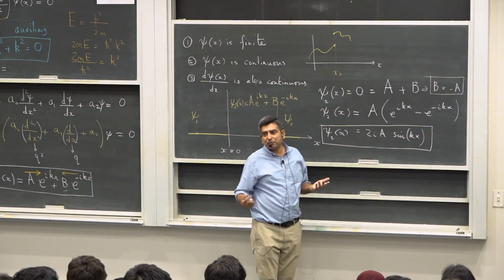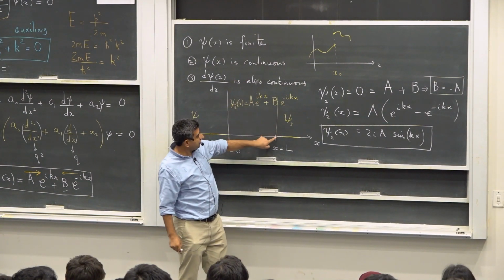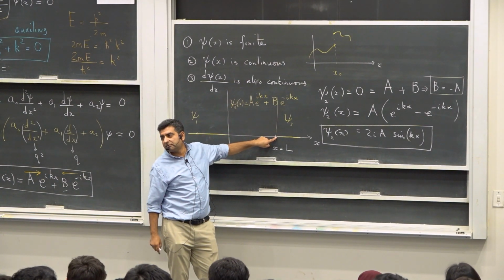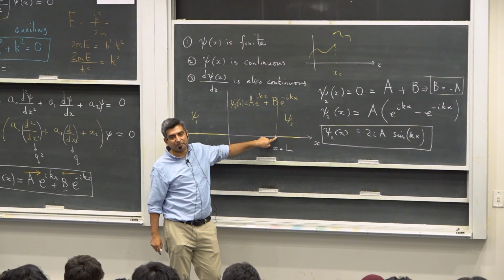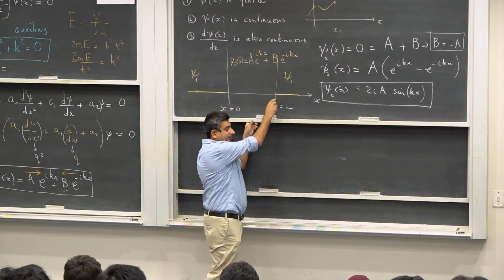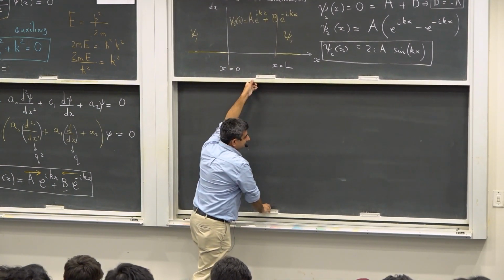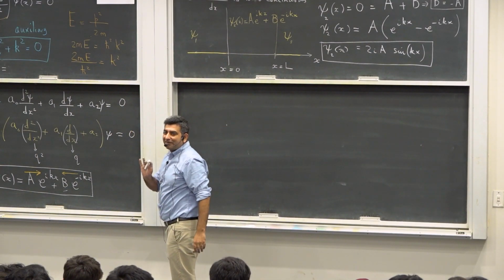So can we say that the derivative of psi 2 and psi 1 is the same at x equal to 0? That's also true. So this is our wave function inside the well.